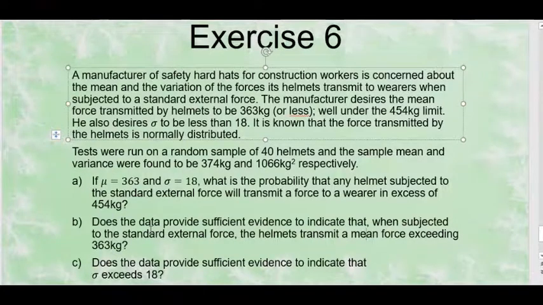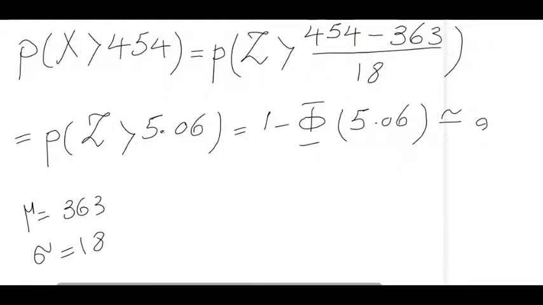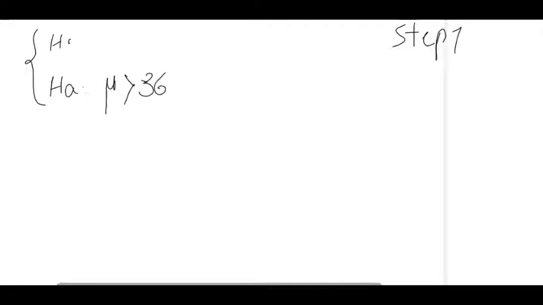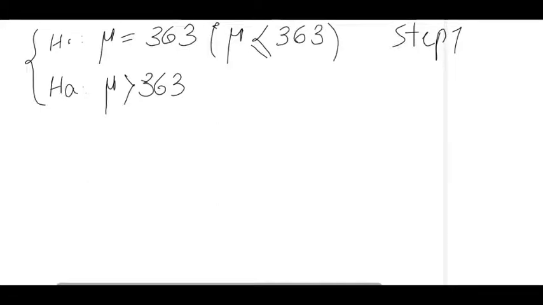So we have a right tail test here. So in part B, step 1, HA is mu greater than 363, and H0 is mu equal to 363, or you can write it as mu less than or equal to 363. Both of them are correct.